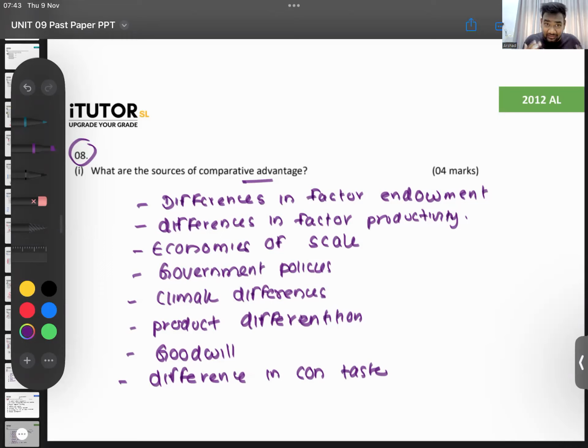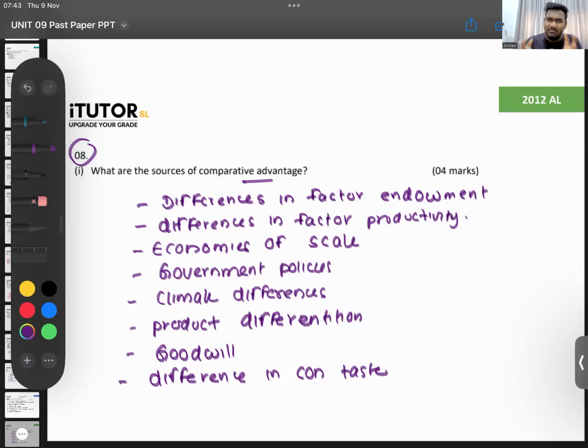In other words, what does sources of comparative advantage mean? They can even reword this question. They can ask you, why do countries have comparative advantage? Maybe they can even give you an example. They have not tested this before, but they can give you a practical example. Now you know the comparative advantage calculation.